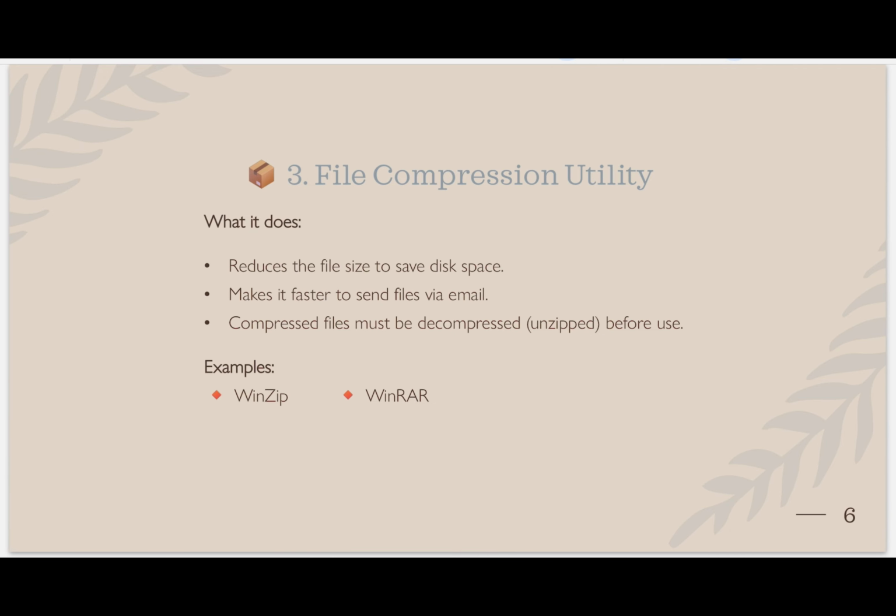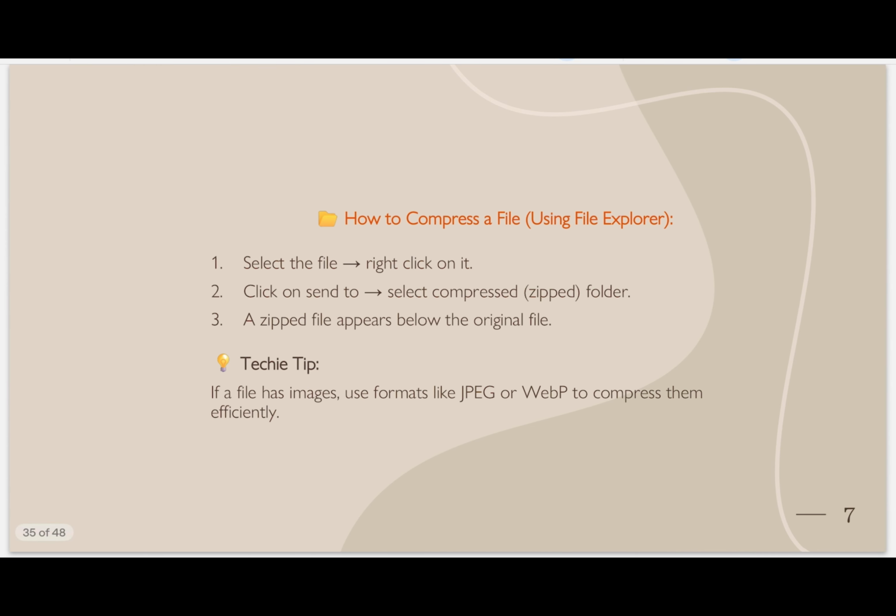When we compress any file, the file icon gets changed and we get a copy, not the same file. When we compress any file, the same file does not get compressed. It creates a copy of that folder first and then compresses that file. So we will get a compressed file. Here are the steps using File Explorer, means for Windows.